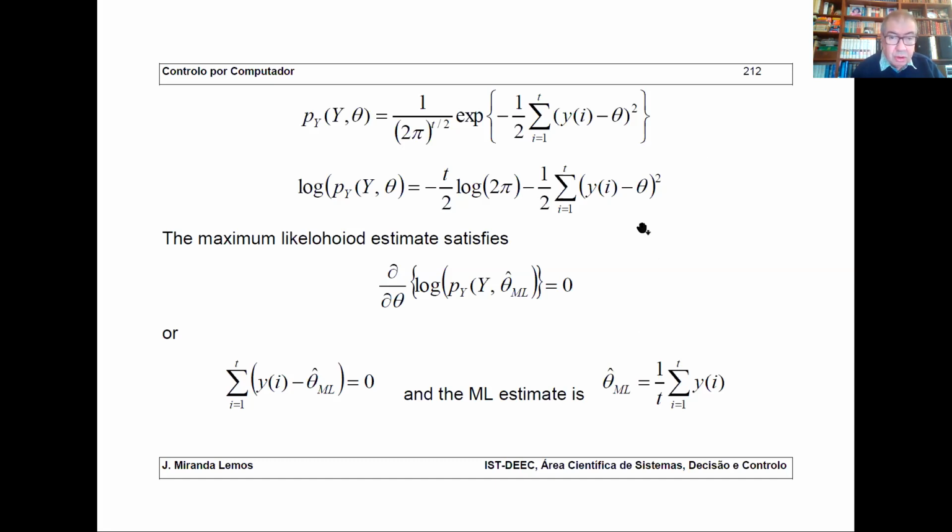Okay? Actually, when you have uncorrelated noise and you have Gaussian noise, so you have to ask for both things, maximum likelihood is nothing more than least squares. The advantage of maximum likelihood comes when you have correlated noise or non-Gaussian noise.